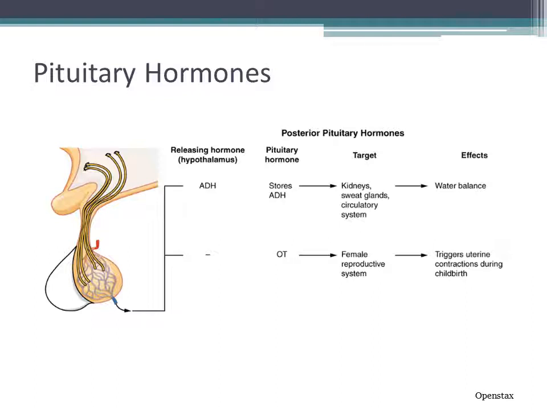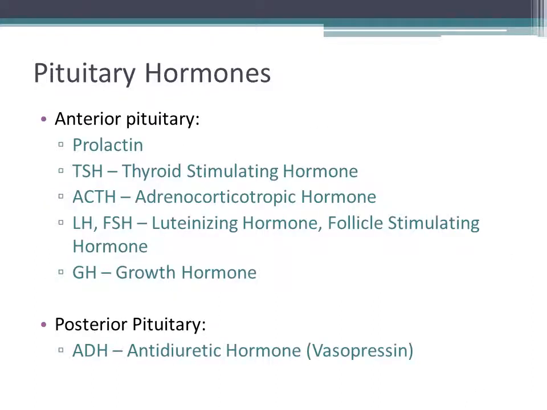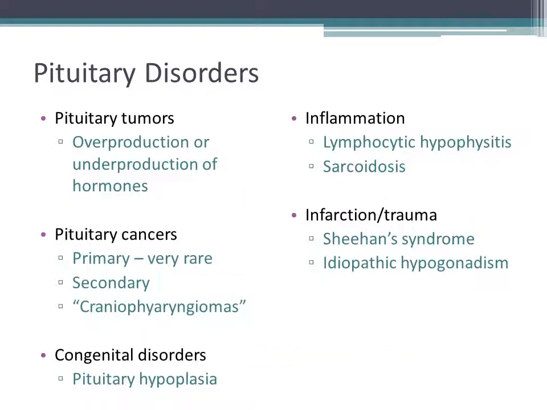It's of more importance probably in gynecology or obstetrics. So again, a recap: anterior pituitary hormones include prolactin, TSH, ACTH, LH, FSH, and growth hormone. The posterior pituitary produces mainly, or stores, the ADH, the antidiuretic hormone, or vasopressin. Those are the hormones of interest for us in the pituitary.